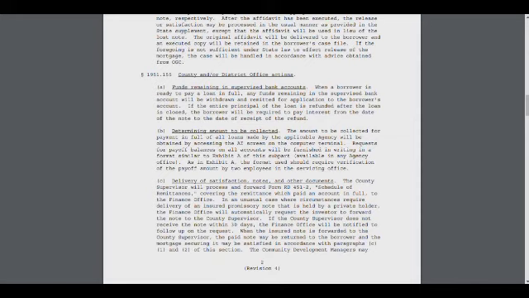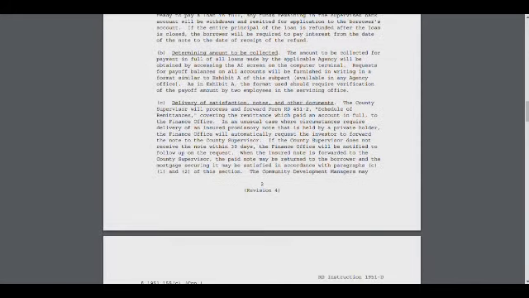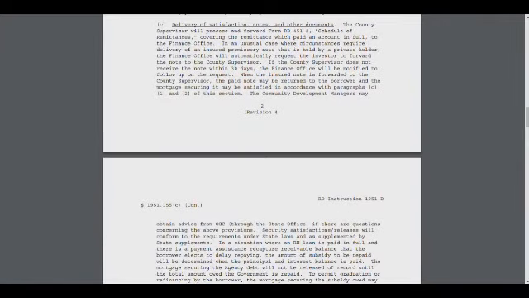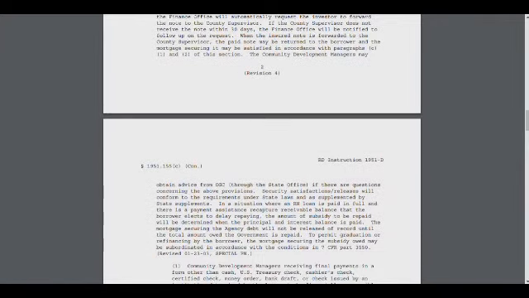The community development manager may obtain advice from OGC through the state office if there are any questions concerning the above provisions.